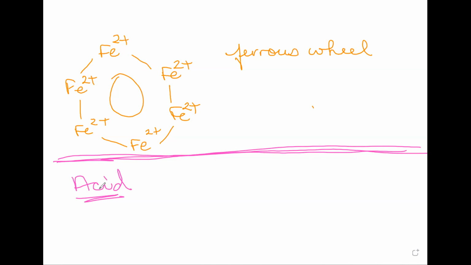Okay. What's an acid? An acid is that when it's dissolved in water, produces hydrogen ion. So we can say it's a hydrogen ion donor in water.